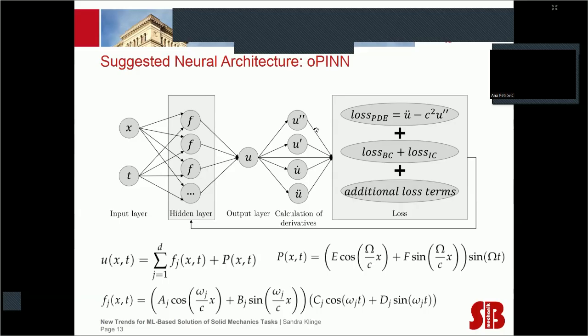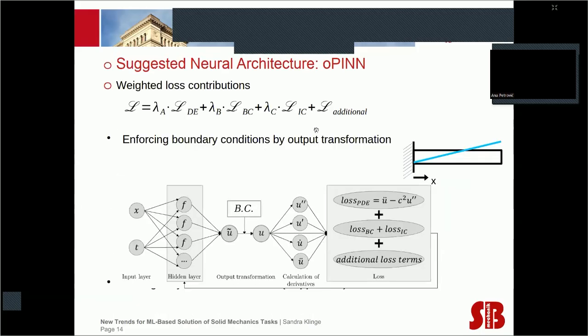One of them was, for example, energy consistency. The last remark: we also can use a kind of post-processing to improve the suggested solution, similarly as in the deep energy method, such that, for example, boundary conditions are introduced as a post-processing step.